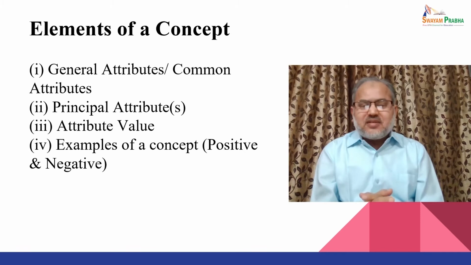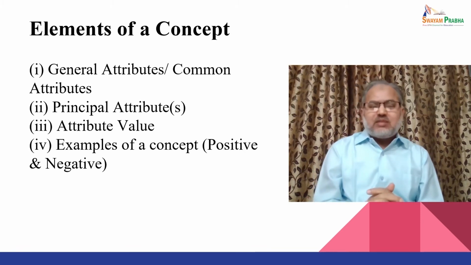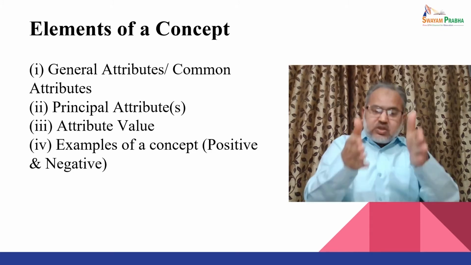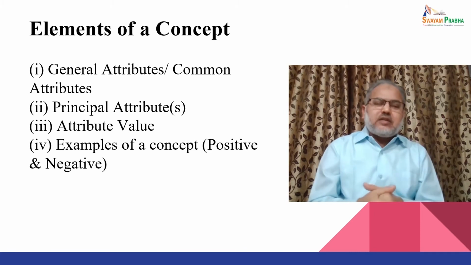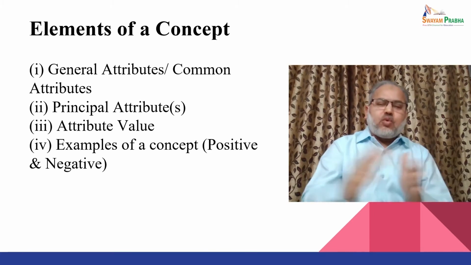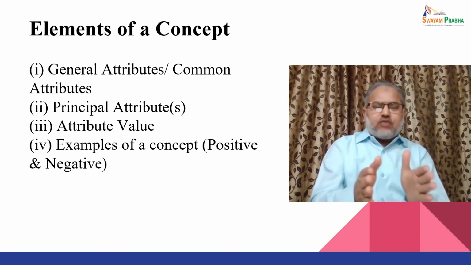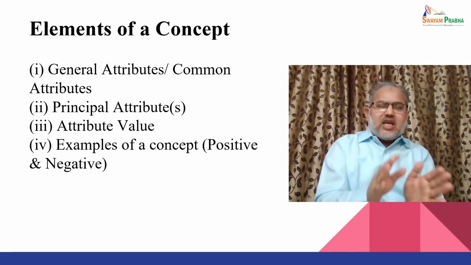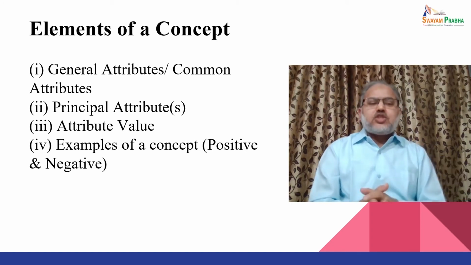Now the second category is principal attributes, those attributes which are specific to that particular concept. In this case, you can say water flows, but solids do not flow. So for water, flowing is a specific or principal attribute, but not for solids.